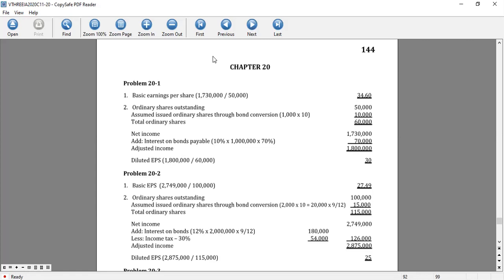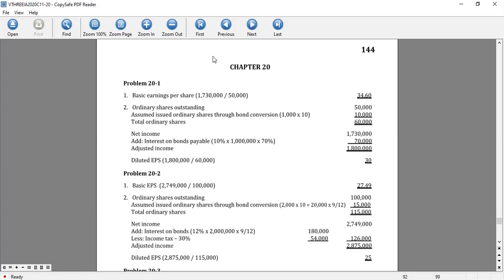So if you have the bonds payable equal to 1 million, and we divide this by 1,000, we will have 1,000 bonds payable, and then we multiply this by 10 ordinary shares. In other words, you will be converting this to 10,000 ordinary shares, so that the total ordinary shares is 60,000.